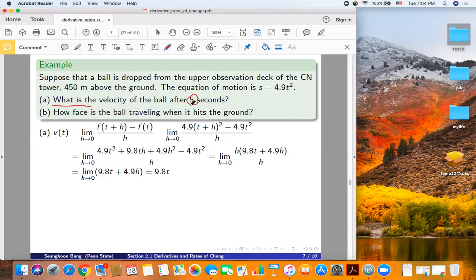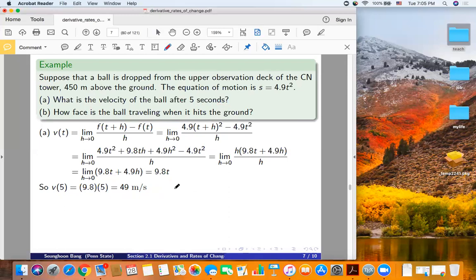You plug this 5 into t. So we have v of 5 equals 9.8 times 5, which is exactly 49. The unit is meters per second, so 49 meters per second. That's it. This is the answer to the first question. This is the idea.